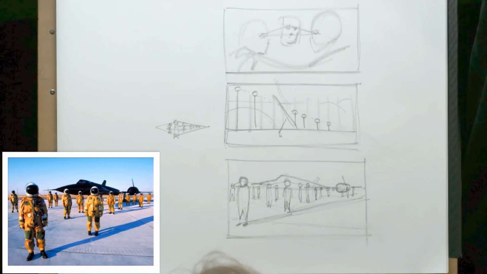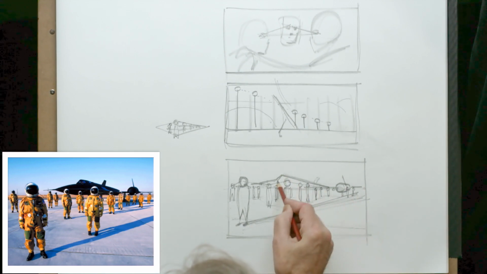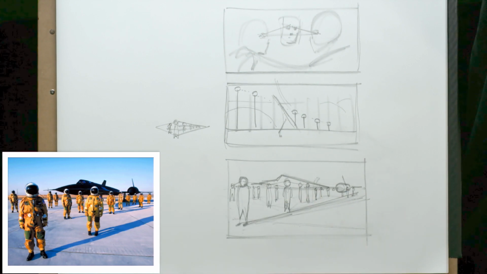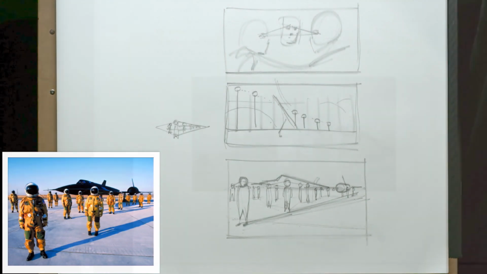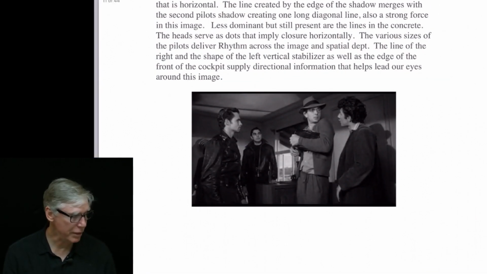It's not completely monotonous, but it's a vertical regularity that makes this extreme diagonal so dynamic, okay? So this becomes dynamic and this becomes dynamic. It's pretty interesting, when you break these things down, you look at how the line's really affecting these things. This is from Touch of Evil.